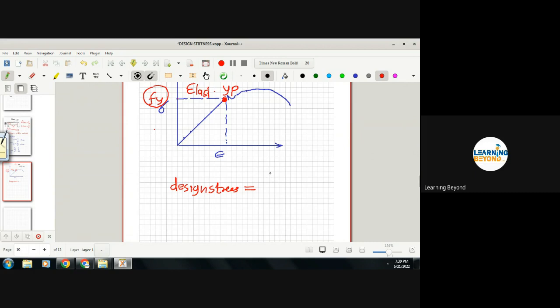is nothing but yield stress. If it is steel, we write it as Fy upon factor of safety. And what is the factor of safety for steel? In the denominator it will be 1.15.